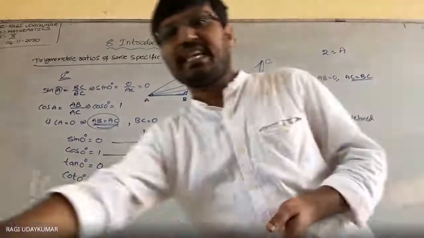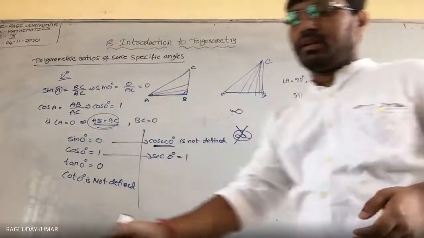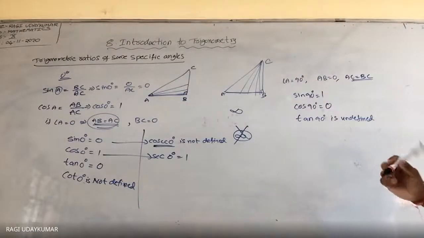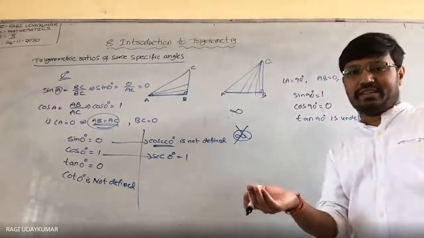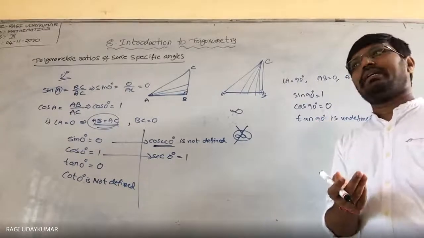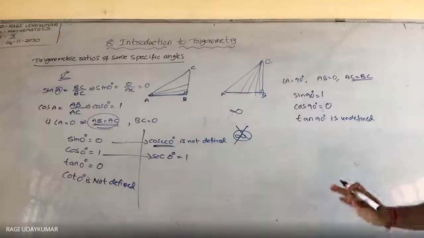A variable. If a is a variable, then it is okay. But you have to write meaningfully. If I write tan 90 equals not defined, not defined is a word, while tan 90 degrees is a quantity. So actually tan 90 degrees is not defined because 1 by 0 is not defined.